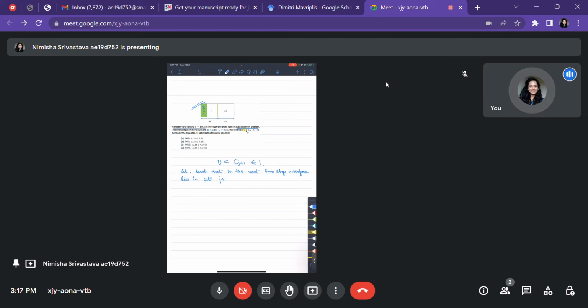This is what is required of us. Basically it is asking us to come up with the time steps wherein the interface will lie somewhere in this cell.